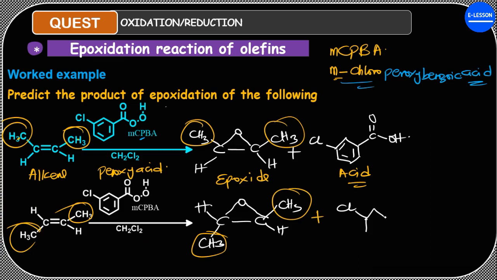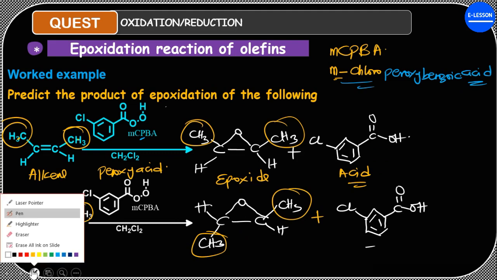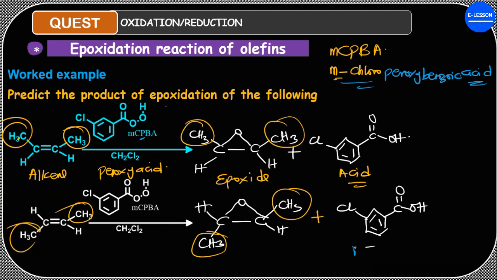So this is the product of this reaction. There you have something like this, and then you have C double bond O and OH, which is the m-chlorobenzoic acid. So I can come here and say this is m-chlorobenzoic acid, right? Kind of very easy. So that is that for the epoxidation reaction.